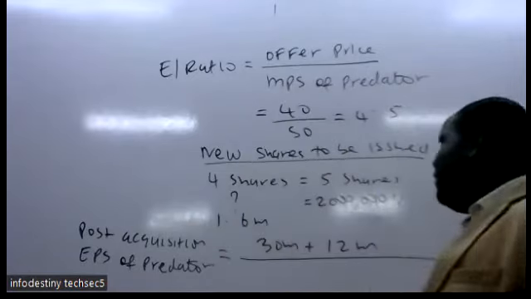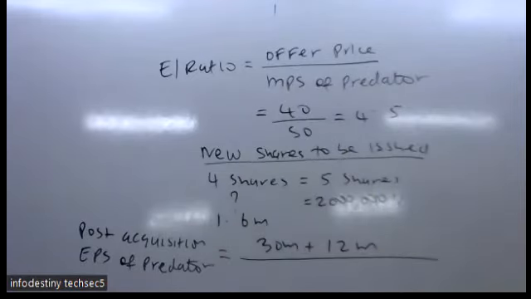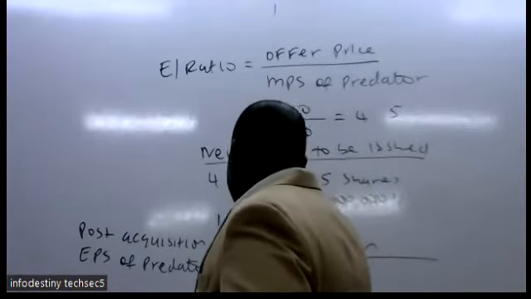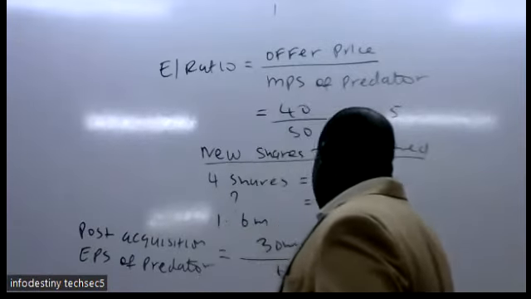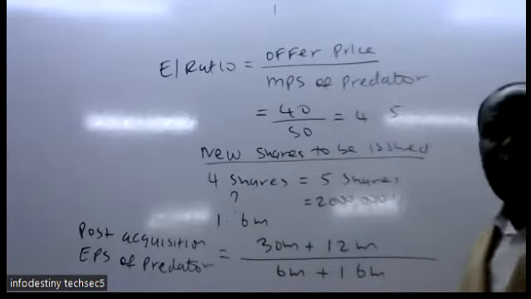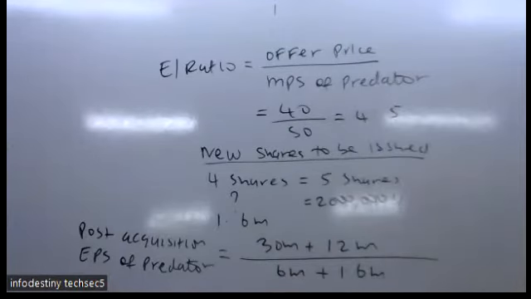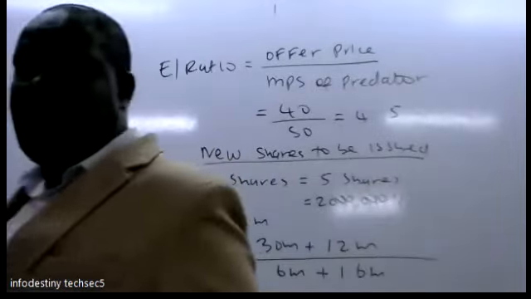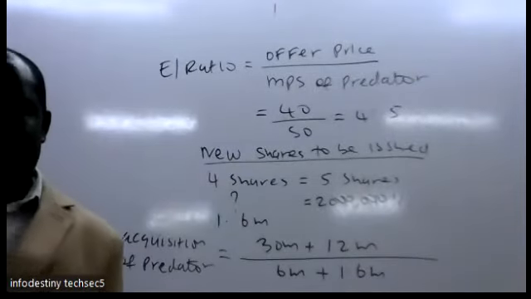Then we divide by the ordinary shares for Chilulu, which is 6 million, plus the new shares to be issued, which you have calculated as 1.6 million. So now you compute, so that we come up with the post-merger earning per share of the aggregator.